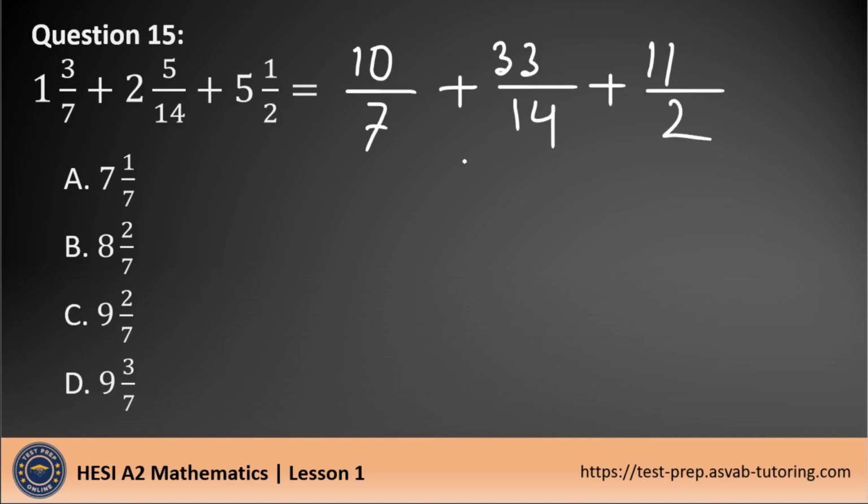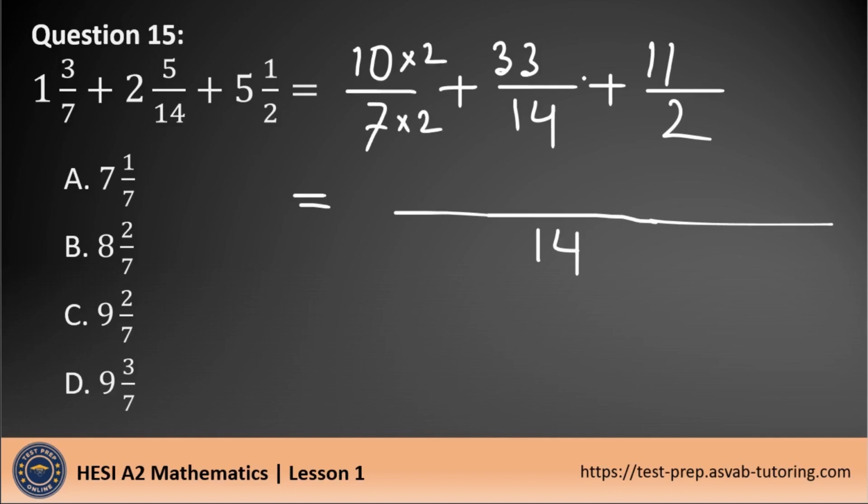So here the common denominator is 14, where 7 divides 14 and 2 also divides 14. So we will take 14. So here 2 times 7 equals 14. So here we will multiply by 2 and also multiply by 2 here. Here 14 divided by 14 equals 1.